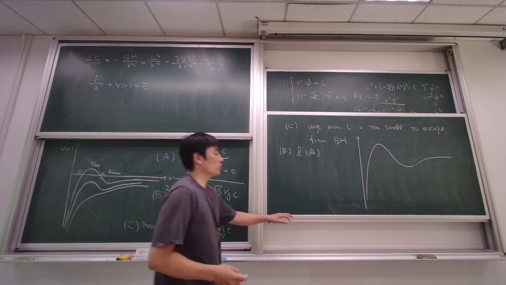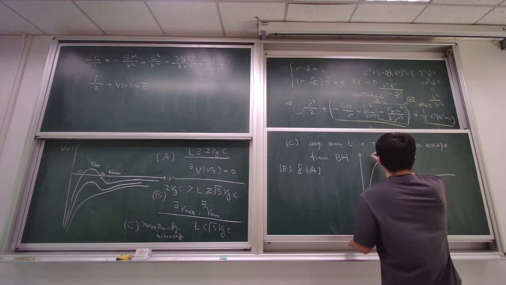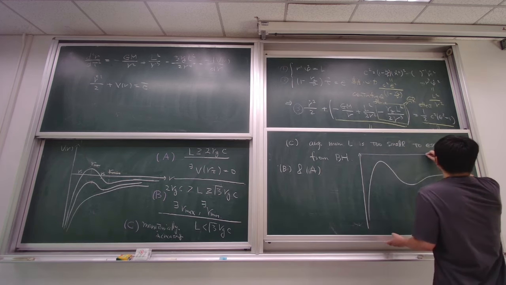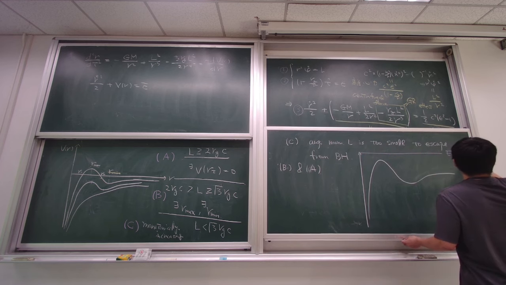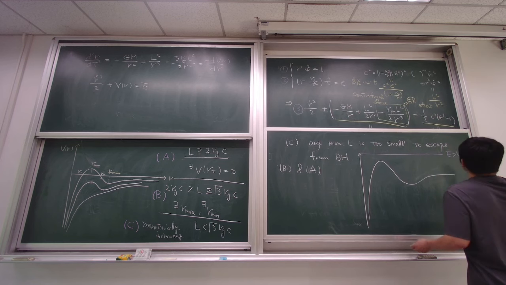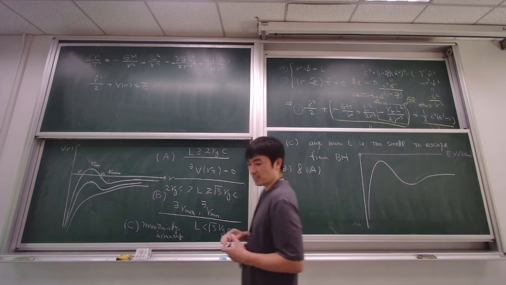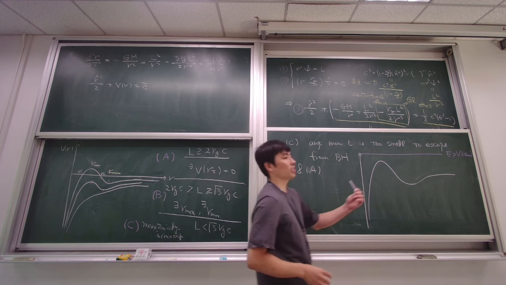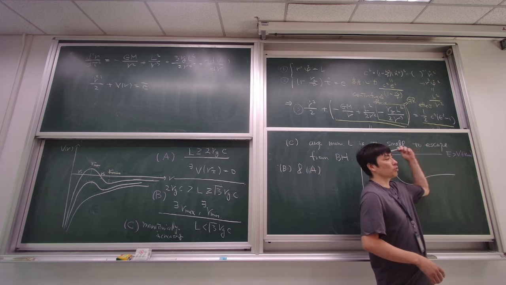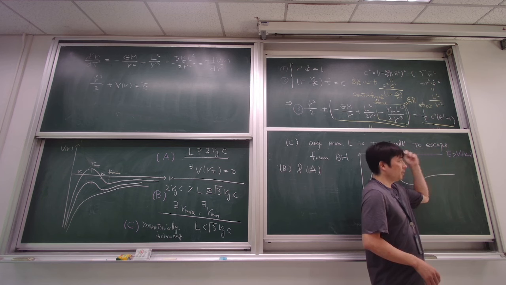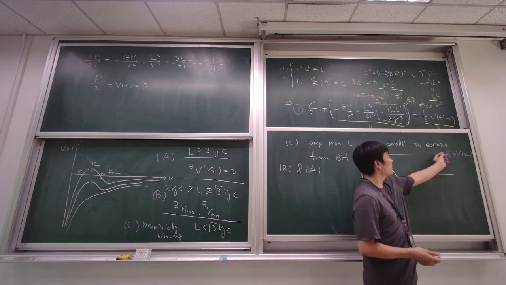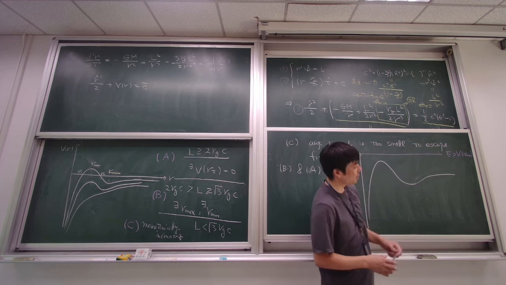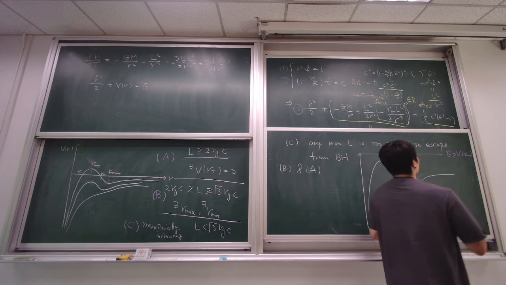So if the energy is greater than the R max, the initial energy moving toward the black hole, it inevitably hits the black hole singularity.